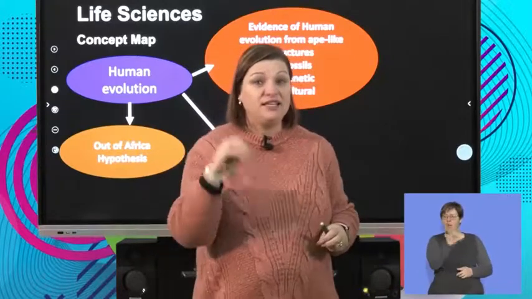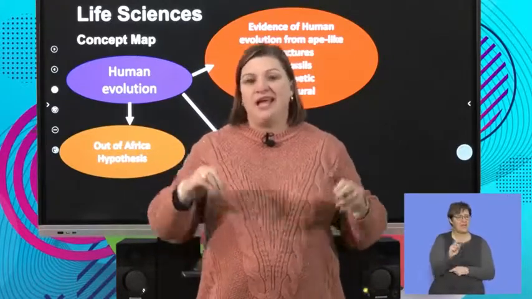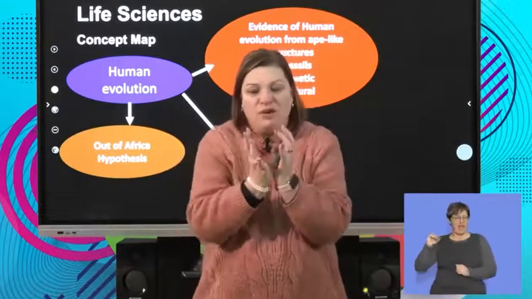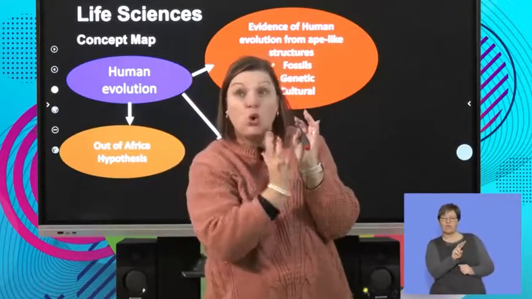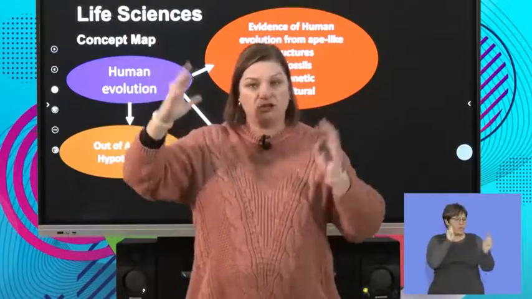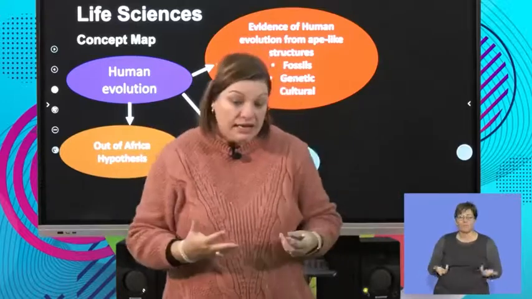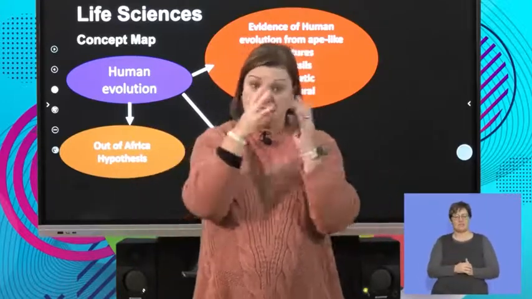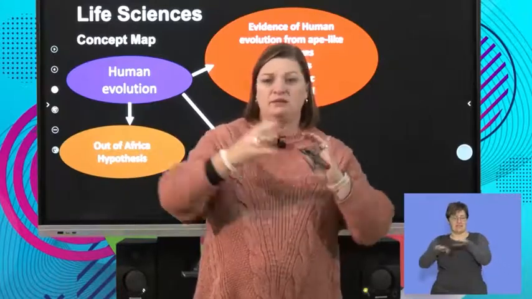We're revising human evolution. And we're looking at this concept: when we look at evolution, we're looking at what caused this divergence. What caused this change to occur? In our last session, we looked at the similarities that we share, but also the differences.